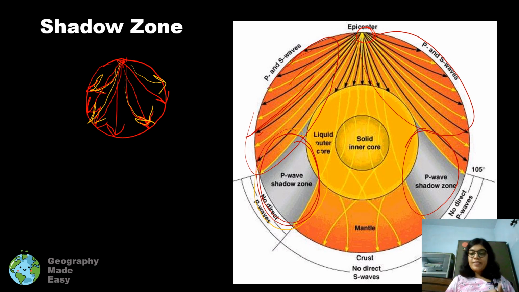So very interestingly, we see that we have a shadow zone in the earth, and this shadow zone is because of the character of both the P and the S waves, stating that there is a layered feature inside the earth, and not everything is liquid as we have imagined.